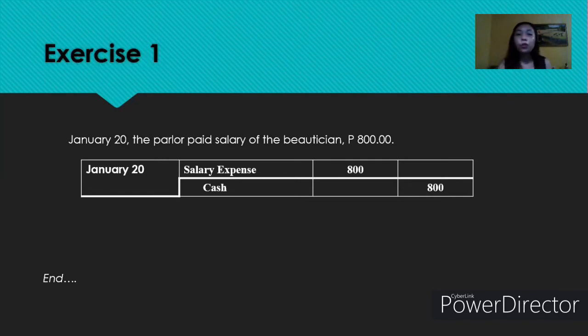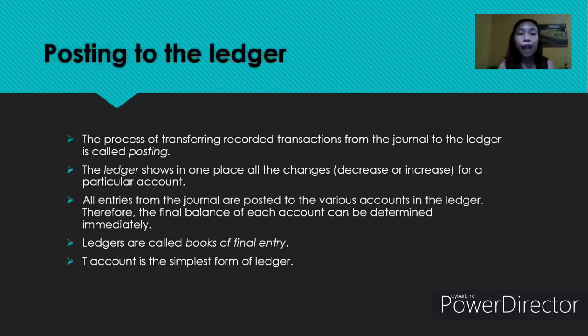Okay, to finalize it. So remember, you're going to post it now to the ledger because you're done with journalizing each transaction. The process of transferring recorded transactions from the journal to the ledger is what we call posting. The ledger shows in one place all the changes, just like the increases or decreases for a particular account.